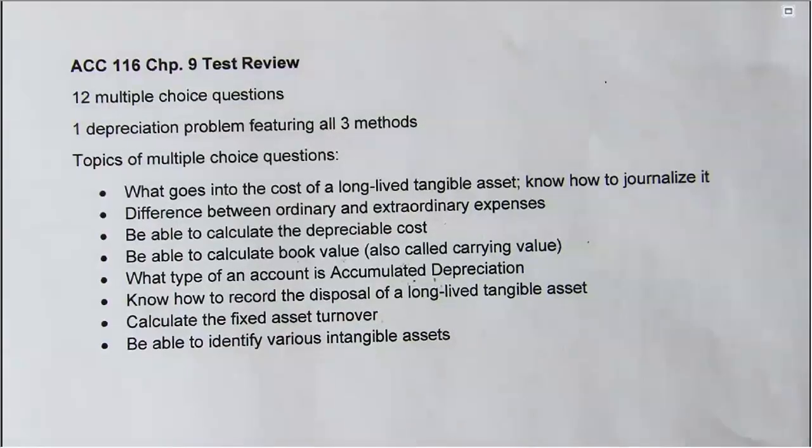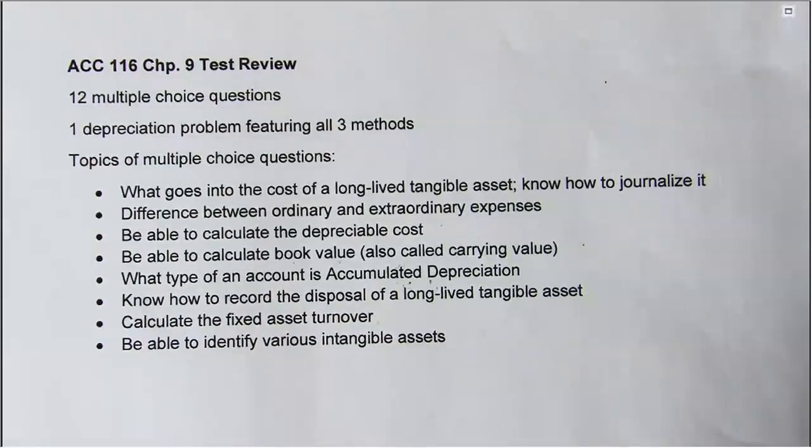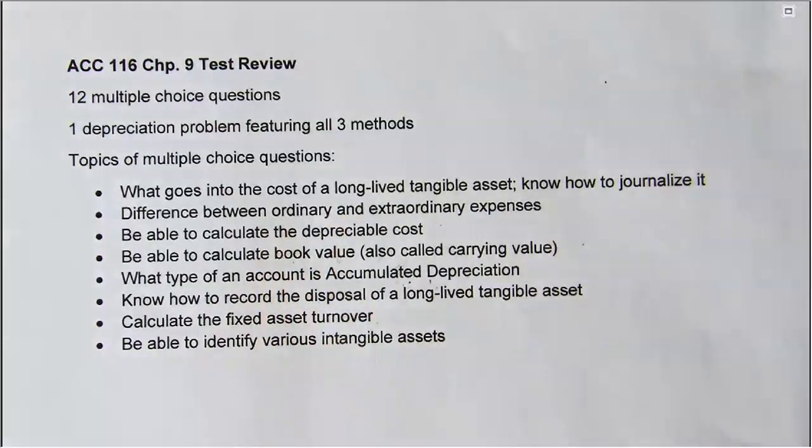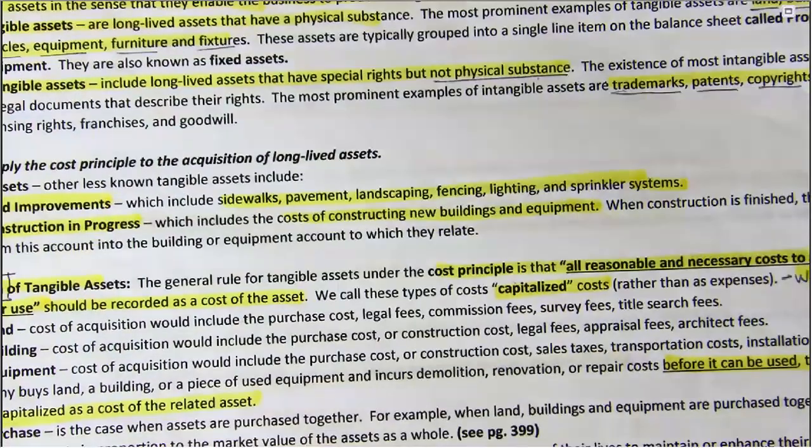So what's on the multiple choice portion? Well, the first question is, what goes into the cost of a long-lived tangible asset? Well, if we look back, I'm just going to flip back to page 1 of our notes. We said, I'm going to scroll out a little bit here.